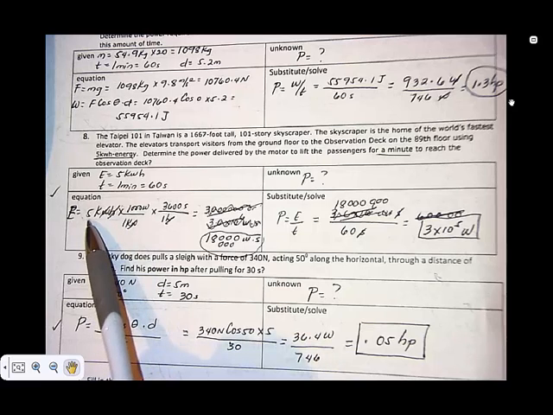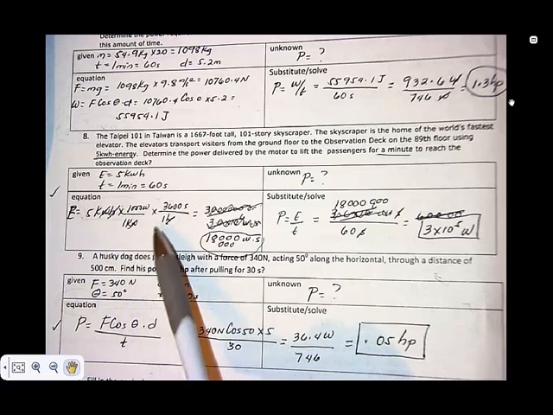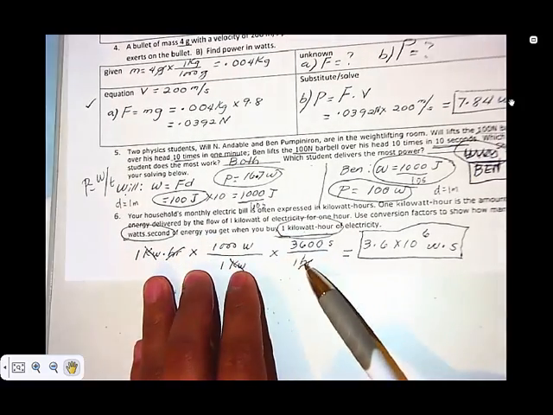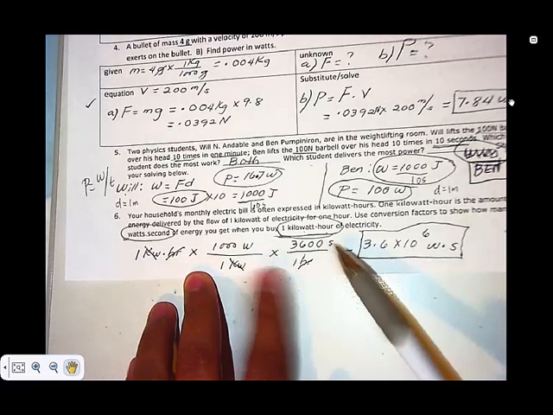So changing 5 kilowatt hour into watt second, you will follow your conversion process that I just showed you in question number 6. That means that the given kilowatt hour will be multiplied by 1,000 and 3,600.